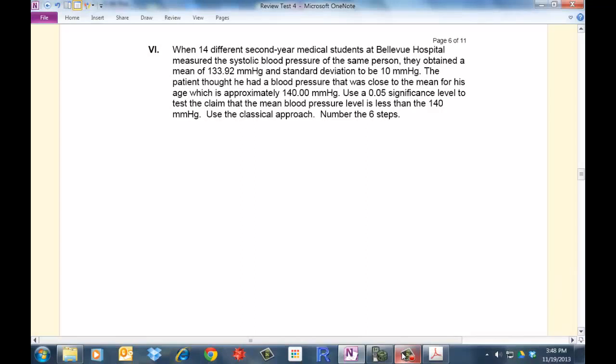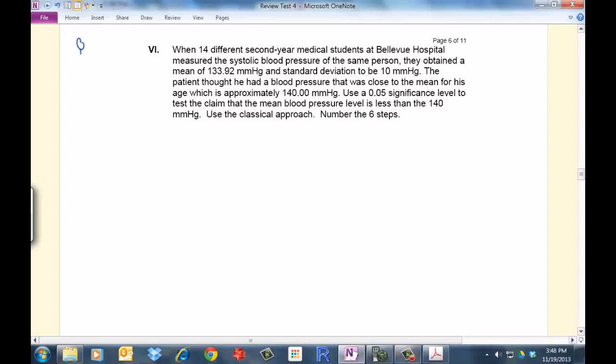Let's see, when 14 different second-year medical students at Bellevue Hospital measured the systolic blood pressure of the same person, they obtained a mean of 133.92.